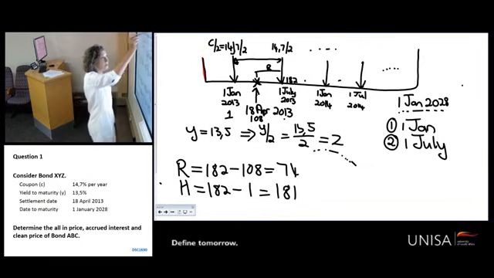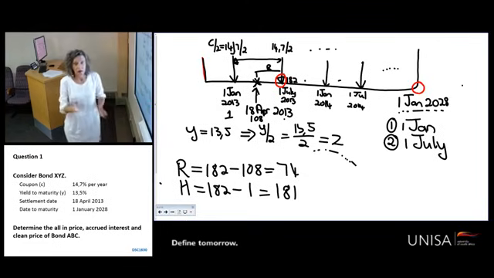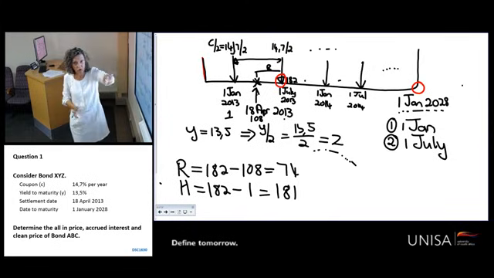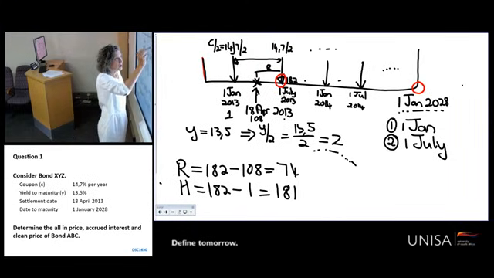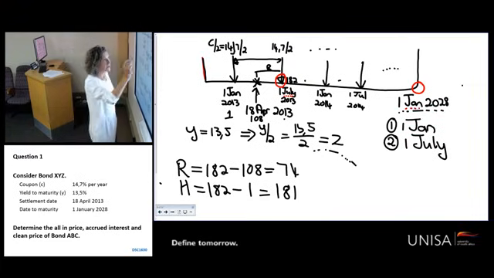Now, our N value is from where to where? It's the number of half years from here till the end. Okay, what's our trick? Our trick is make sure the months are the same. Here's July, here's January. Are they the same? No. So my trick is I ignore this one and move to the next one.